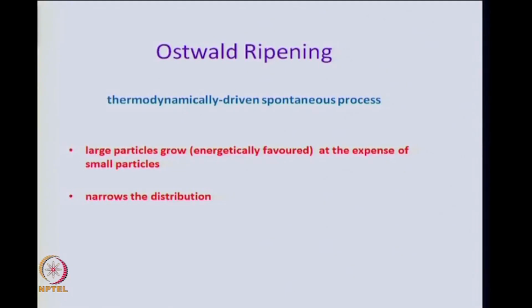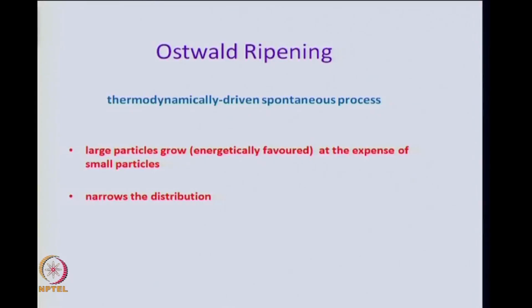In this process, large particles grow at the expense of small particles. These large particles are energetically more favored, and hence the small particles, from the vast number of nuclei which form, grow into these large-sized particles.